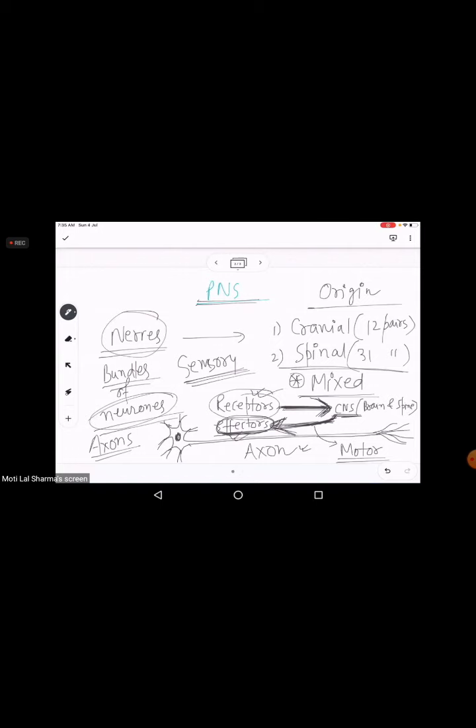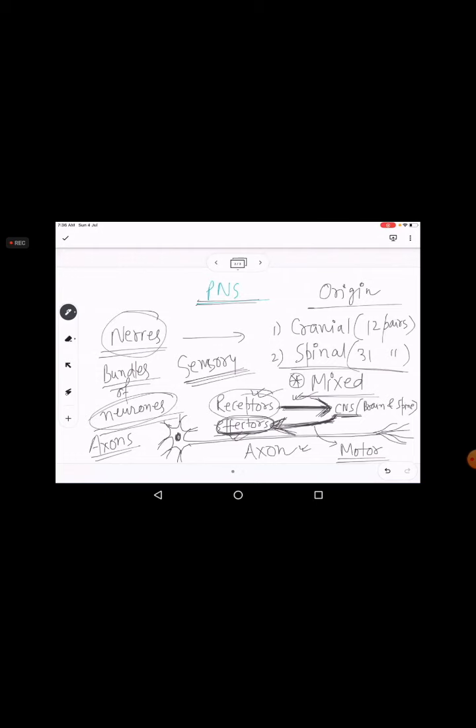So in your case, muscles will be responding, and in case of a child, the tear glands will be responding. So either glands respond or muscles respond. So they are effectors. Whatever structures respond are effectors. So sensory neurons will be transmitting impulses to your CNS, and motor neurons will be transmitting impulses away from your CNS. That much you have known.